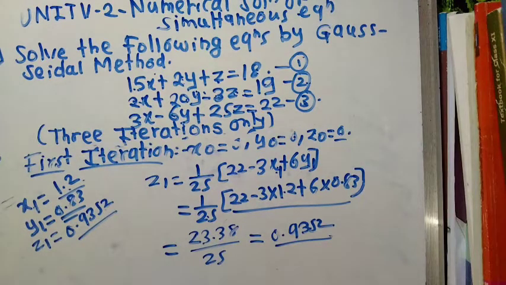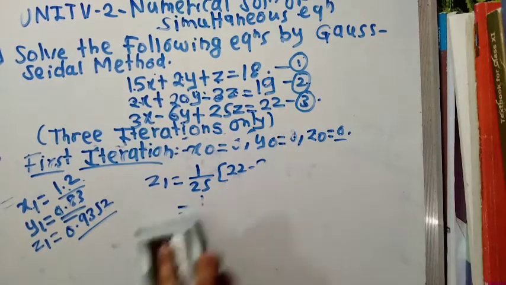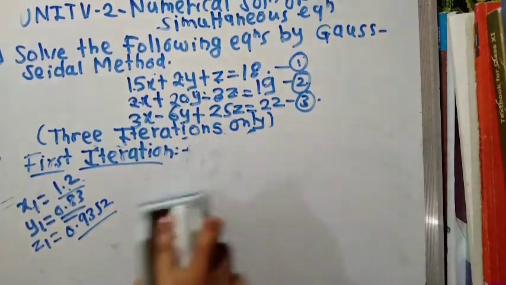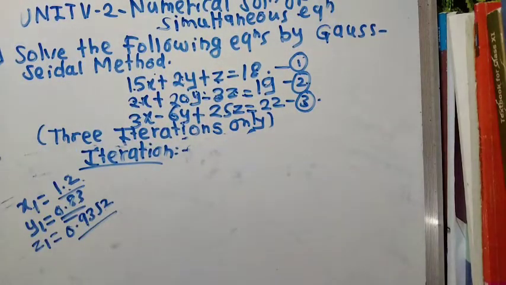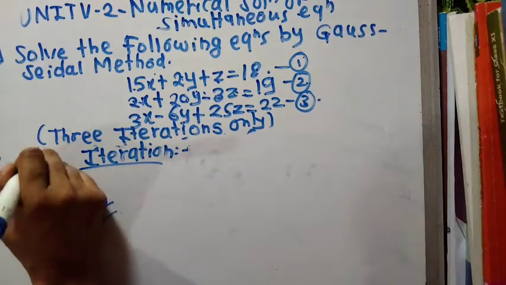Then from this find out x2, y2 and z2. Second iteration.